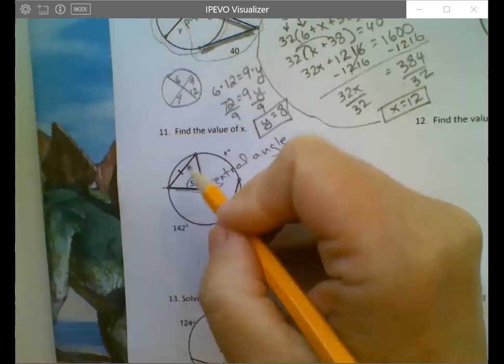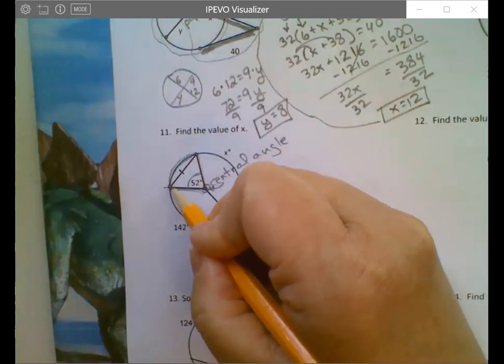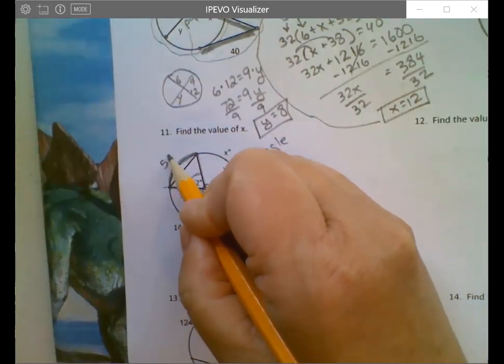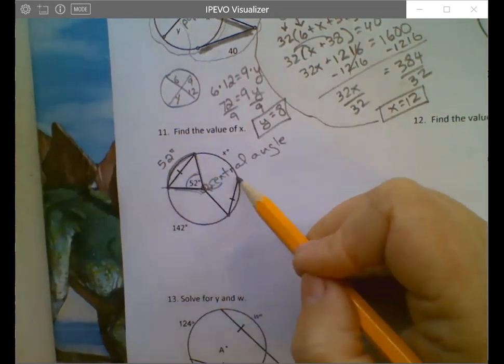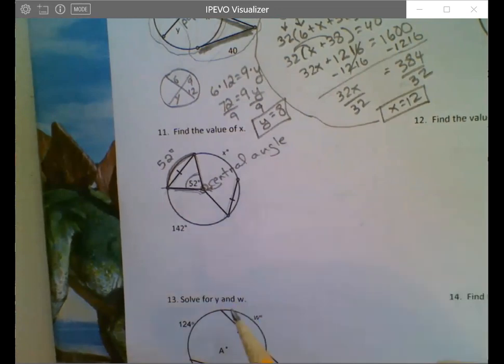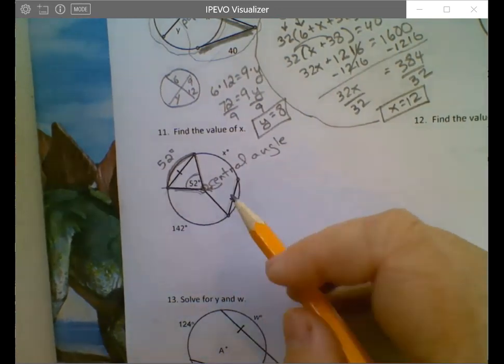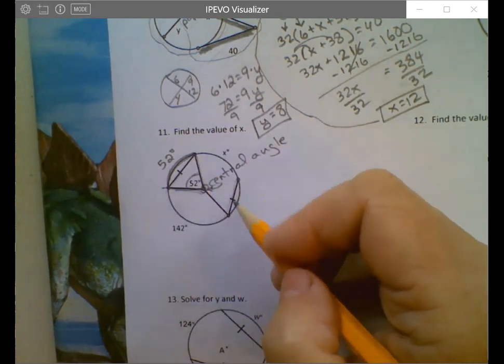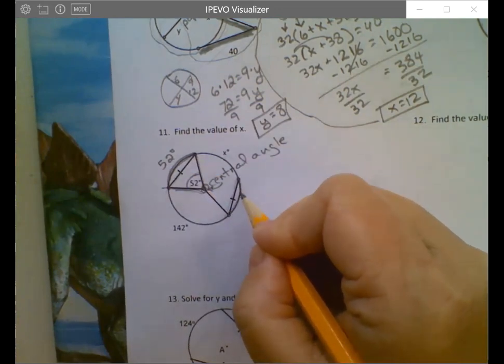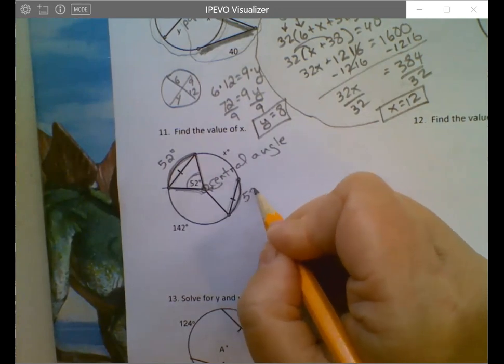So what that means is it has to be equal to the arc. So this arc is 52 degrees. But we also have this chord is congruent to this one over here. And we know from the first video in this series that if two chords are congruent, their arcs are also congruent. So this little arc here is 52 degrees.